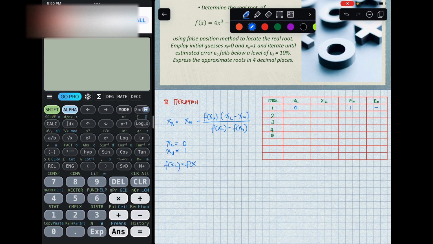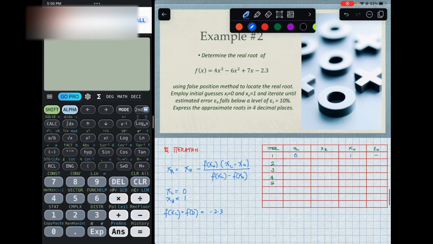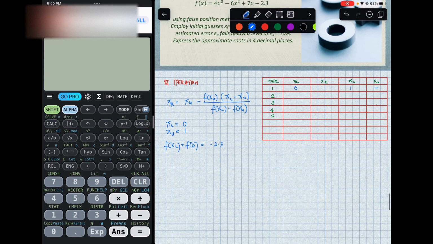We find the value of f of x sub l, which is f of 0, where f of 0 is negative 2.3, and f of x sub u, or f of 1.